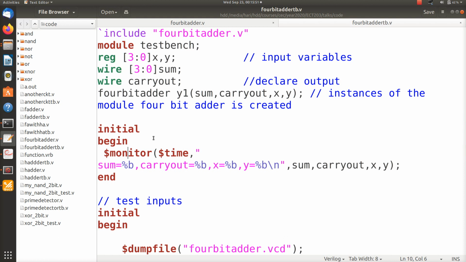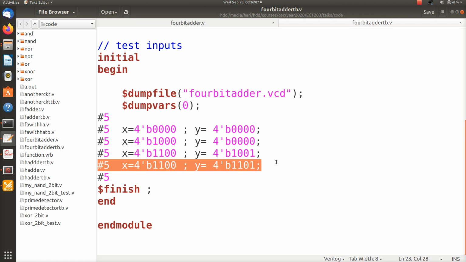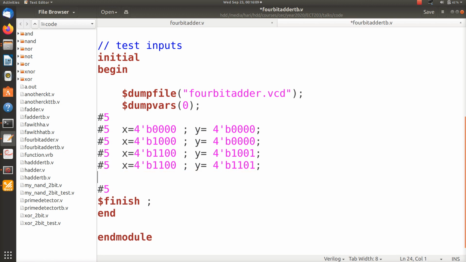Here the only difference is I give some signals randomly. The only thing is X is a 4-bit pattern, B000, 4-bit pattern B001. You can add more of these. Okay, so these are the excitations I have to give.